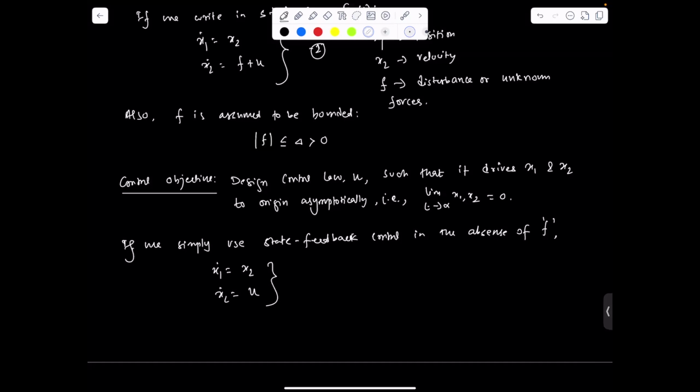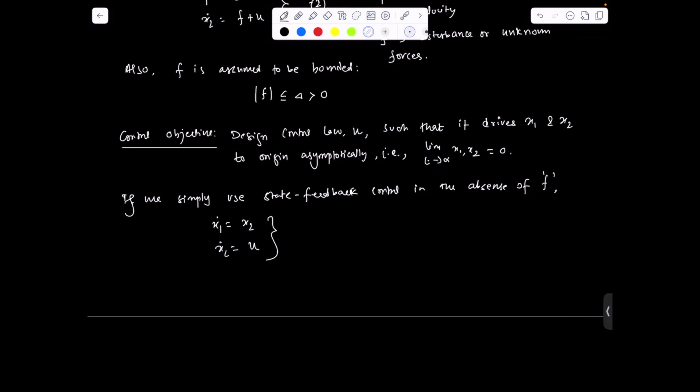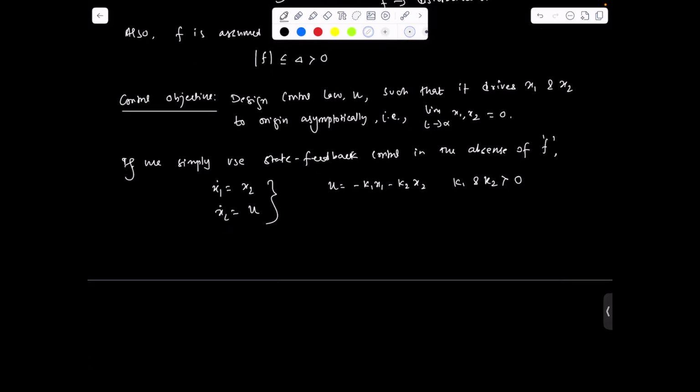And if you consider state feedback control, u equal to minus k1 x1 minus k2 x2, where k1 and k2 are positive gains, then our system yields x1 dot equal to x2 and x2 dot equal to minus k1 x1 minus k2 x2. So this is basically the closed loop system. This concept you have already covered in modern control.